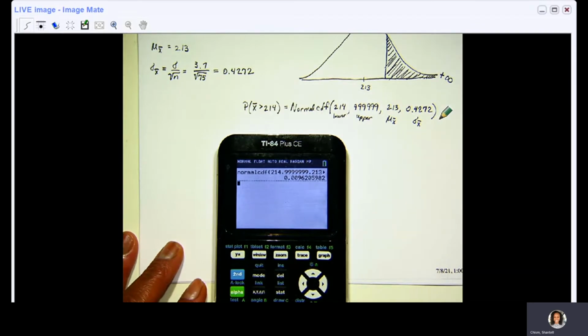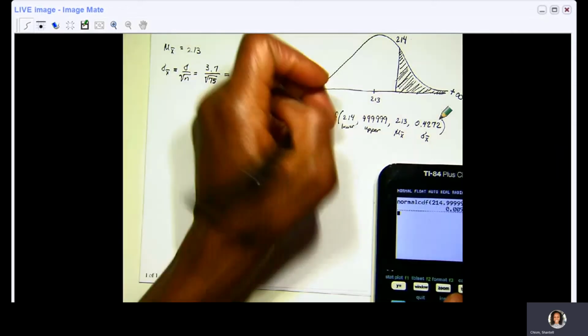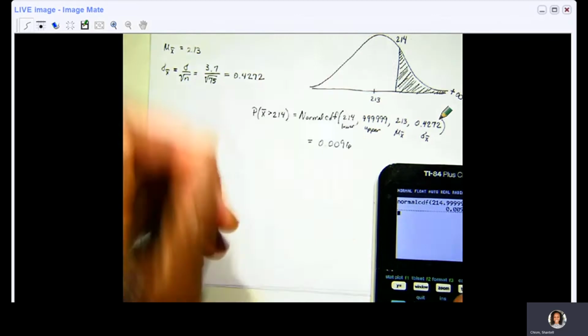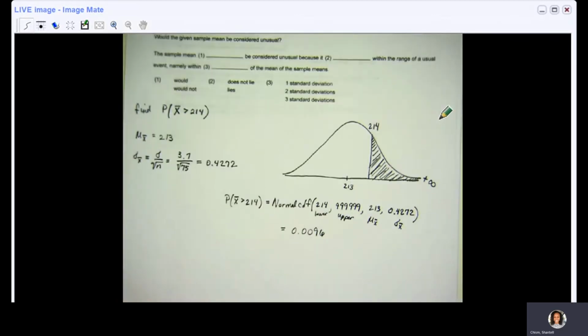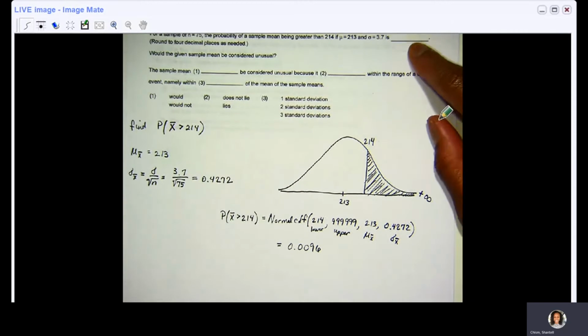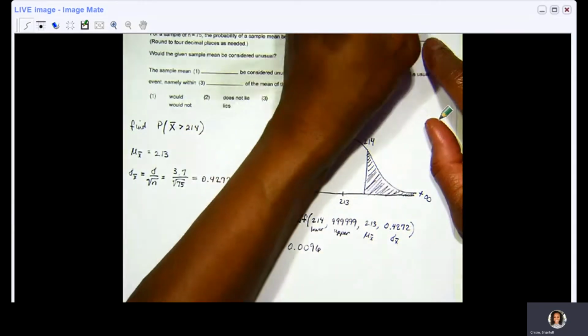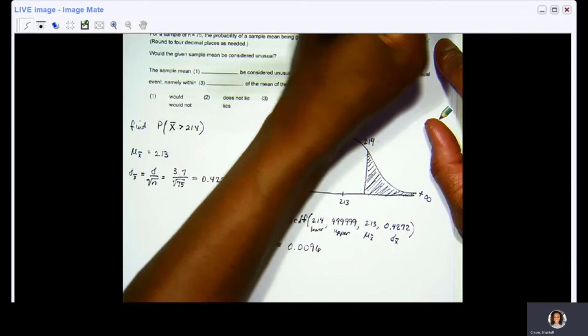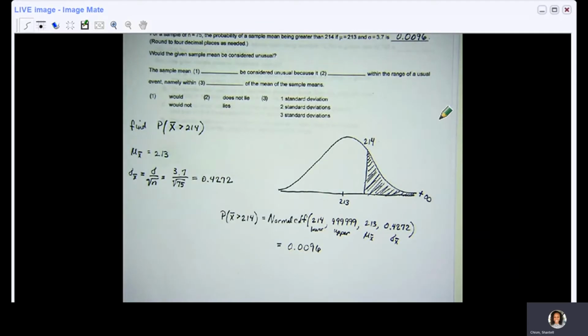Press enter there. I've got 0.0096. Very small probability. So the first part, the probability is 0.0096. Now, then it says, would the given sample mean be considered unusual?